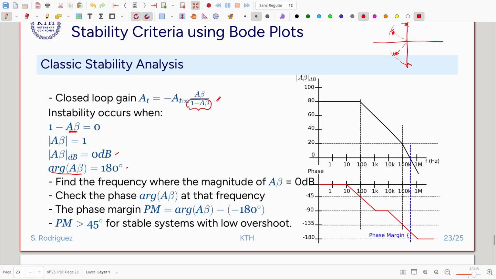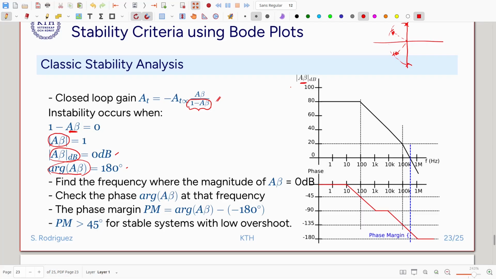Okay, so how can we study this situation? For this one we will need to study a plot of A in dB, and then we will need to study its phase, and that is what we do now, the classical stability analysis using both plots. So we study the loop gain in dBs, and I have here an example with two poles.